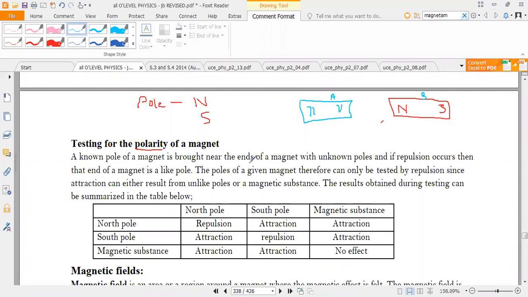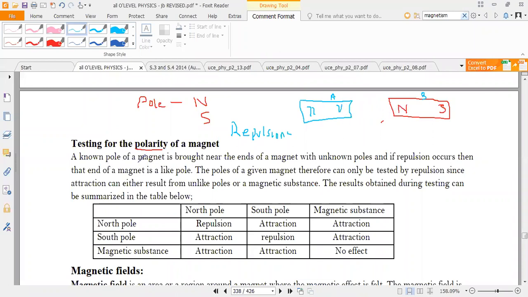We don't use the attraction test, because if you bring this close to this and it attracts, you can deduce two things: it can attract a magnetic material, it can also attract a magnet. So the only sure test is the repulsion test, because if this pole repels this one, it means that they are of the same polarity.